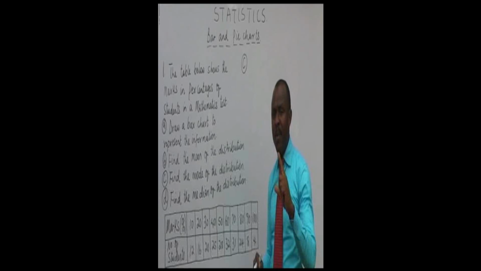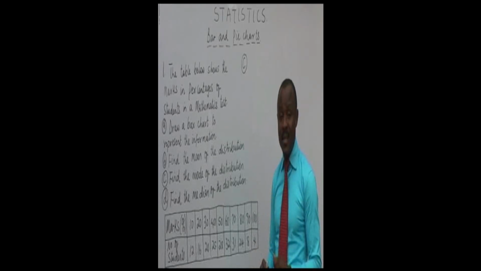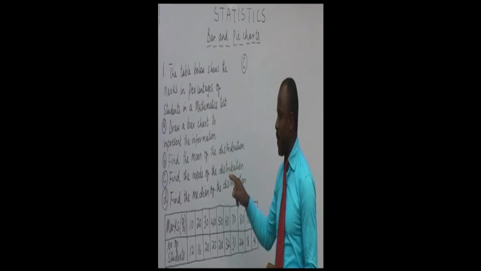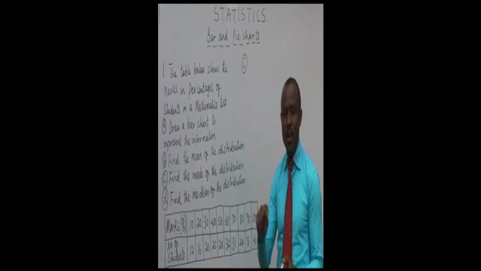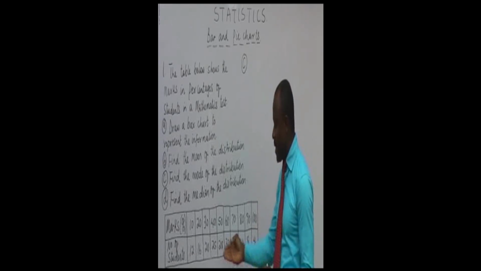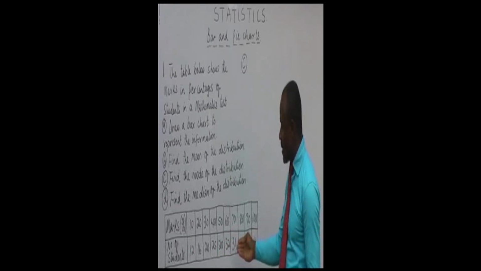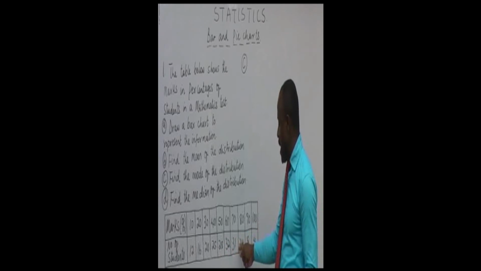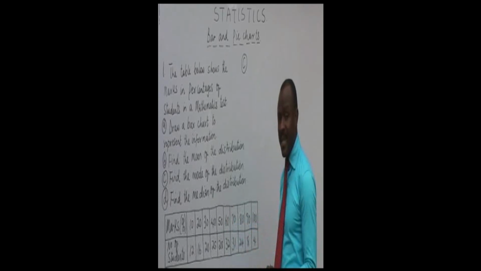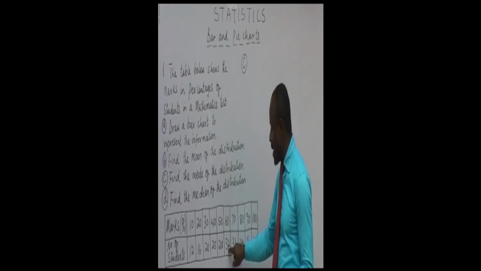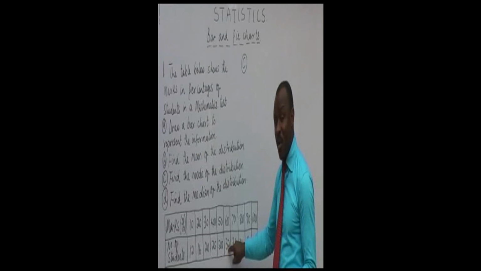The word mode, M-O-D-E, means greatest frequency, greatest occurrence. If the question is asking for the mode of the distribution, it's asking for the mark that the greatest number of students scored. In the number of students column, 32 is the greatest number, and all other ones are less than 32.